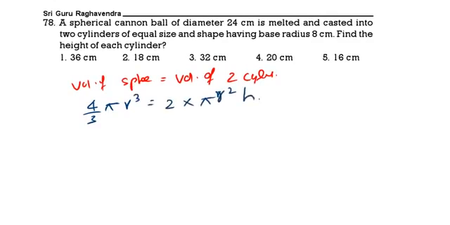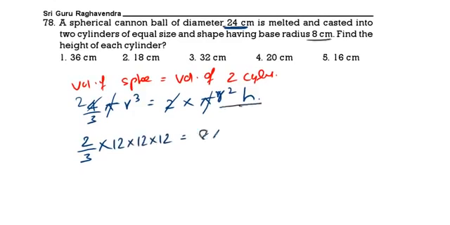Here what is common? Pi and pi common. Then 2 1s, 2 2s. So 2 by 3 into sphere diameter is 24. So radius 12. So 12 into 12 into 12 is equal to r square. So r means 8 into 8 into h. Now this is what we should calculate. We should calculate h value.